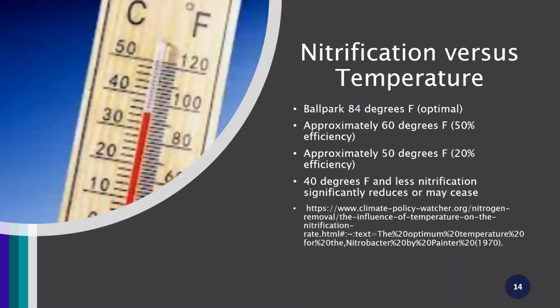Looking at temperature and its impact on nitrification, there are optimal degrees for nitrification. The most important thing to take away from this slide is that as the temperature decreases, the rate of nitrification is going to significantly decrease.